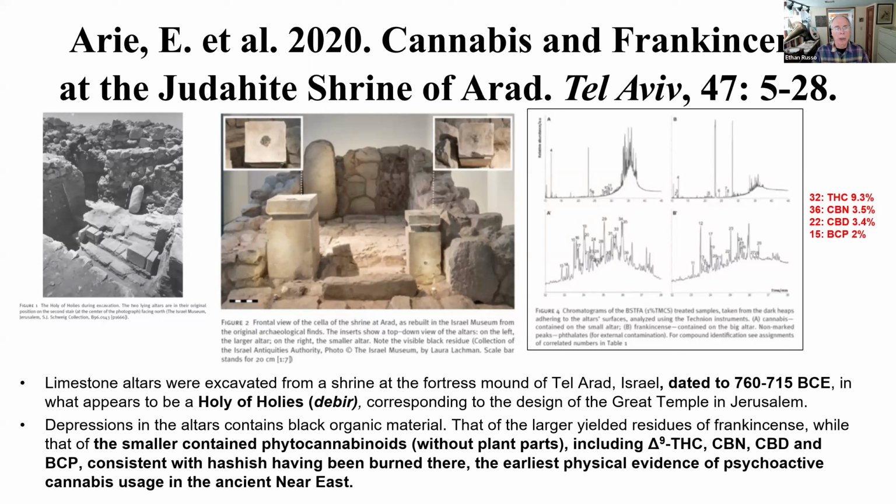There were depressions on top of the altars that seemed to contain black organic material. From the larger one, there were residues of frankincense, while the smaller one seemed to contain phytocannabinoid residues. And you see the analysis on the right.